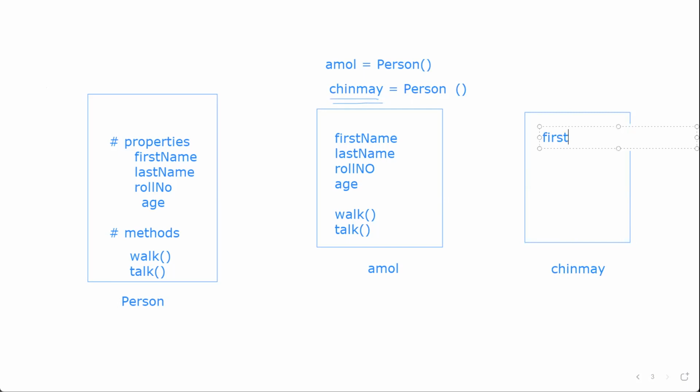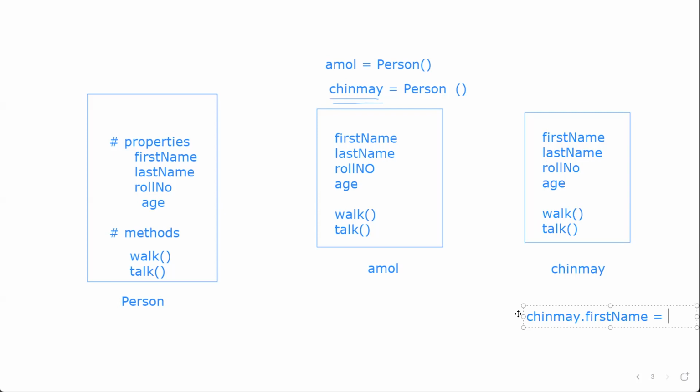Let's say first_name, last_name, roll number, age, walk, and talk. It will be available. If you want to update Chinmay's name, you will say Chinmay dot first name equal to a new value.